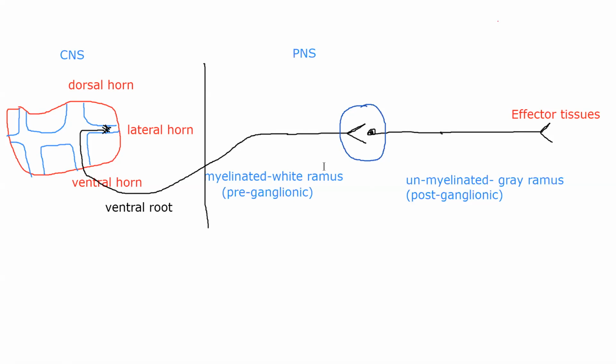And then it's going to synapse on this ganglia, and then it's going to re-enter the spinal nerve, but it's doing so as an unmyelinated or gray ramus fiber as it makes its way out to those effector tissues. All right, so that's the second point that I want to point out about how these fibers communicate. And this should be a connection from when we spoke about gray ramus and white ramus last time.